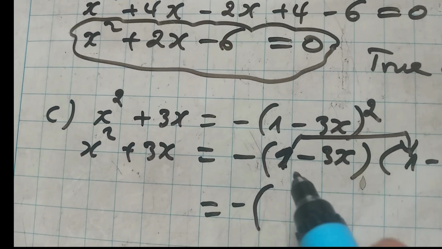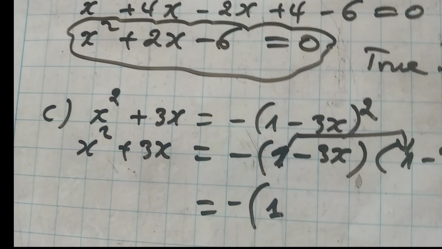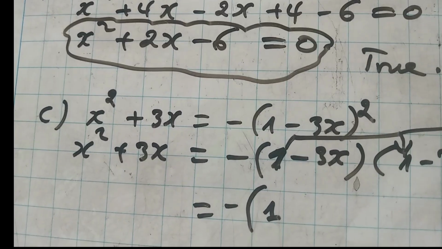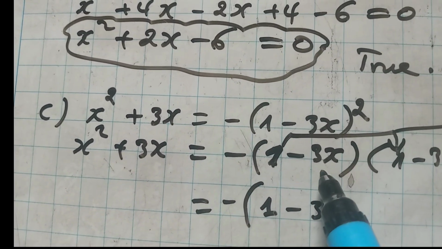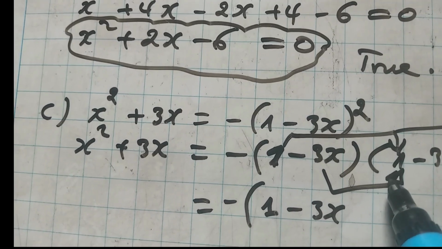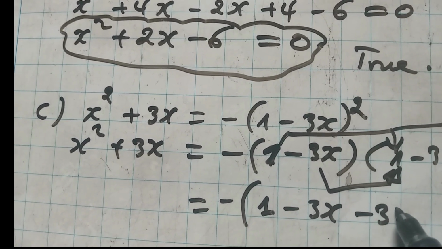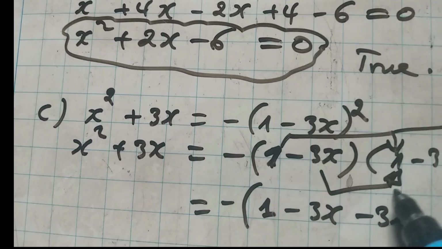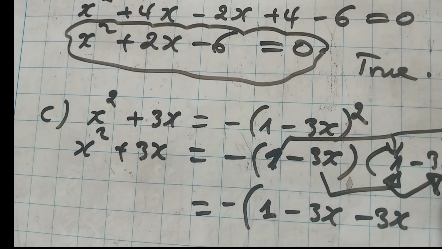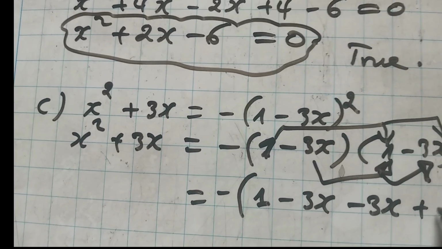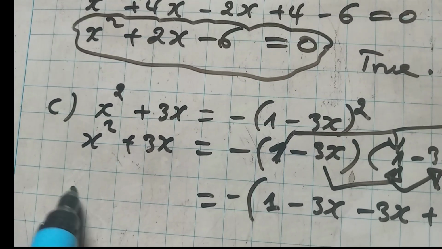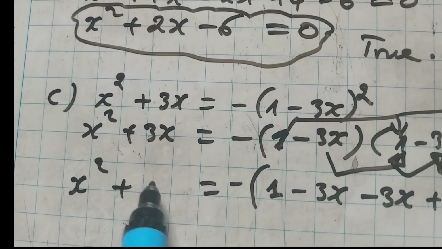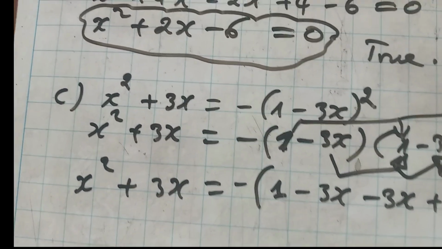So we have 1 times 1 is equal to 1. 1 times negative 3x is negative 3x. Now it is negative 3x times 1, which is negative 3x. Then negative 3x times negative 3x is equal to plus 9x squared.